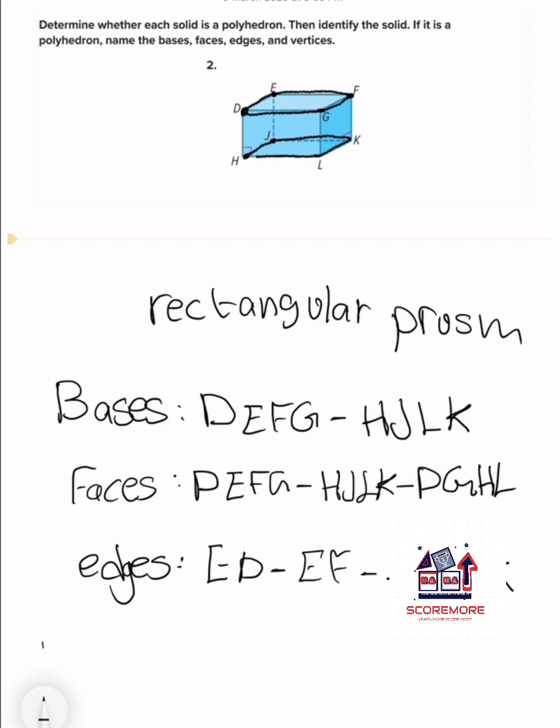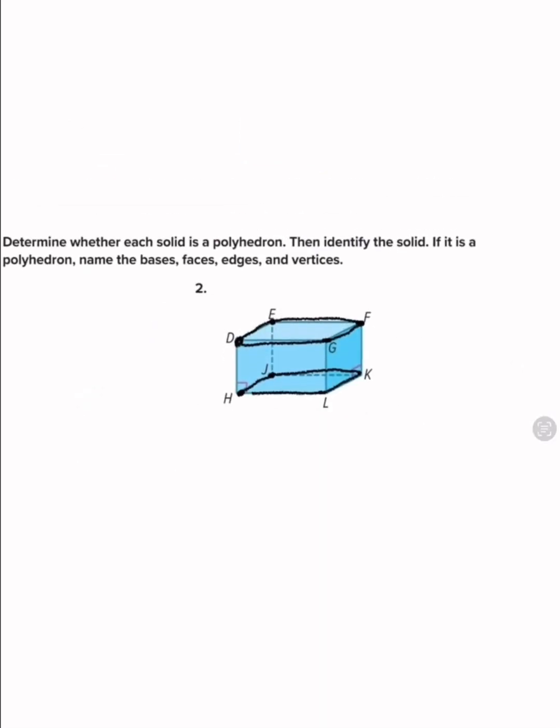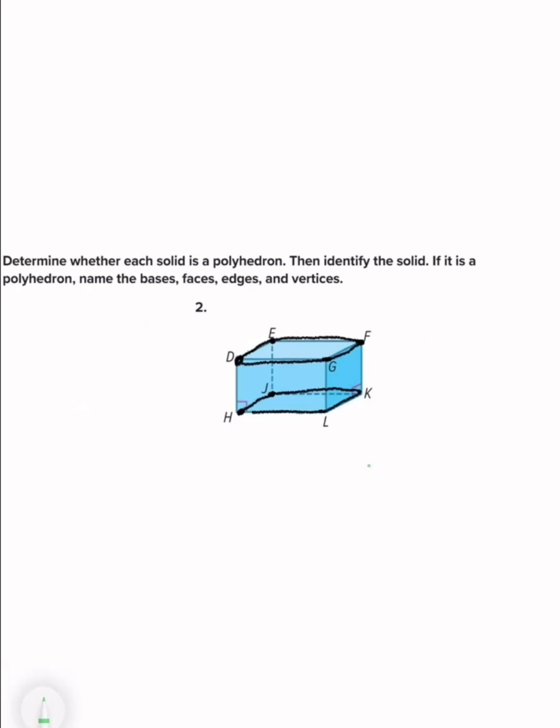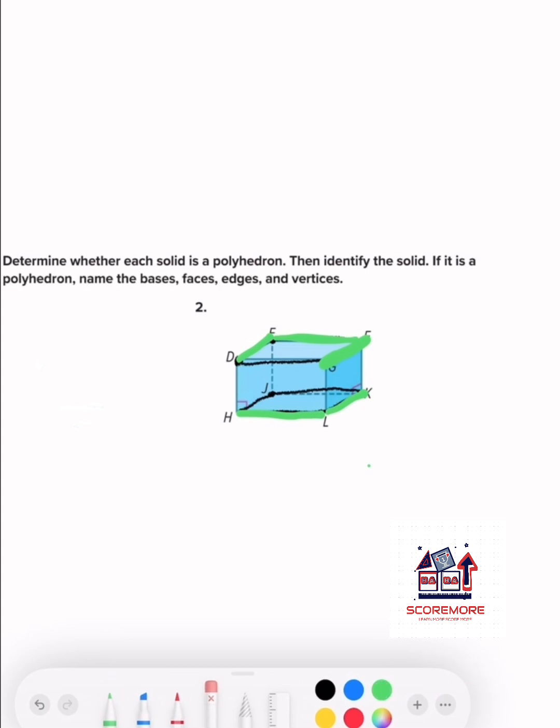So you can choose any line. Let me show you in this figure again. FG, or we can choose HL or LK or DE. You can choose anything, FE, anything you can see. Okay, easy until now or not?